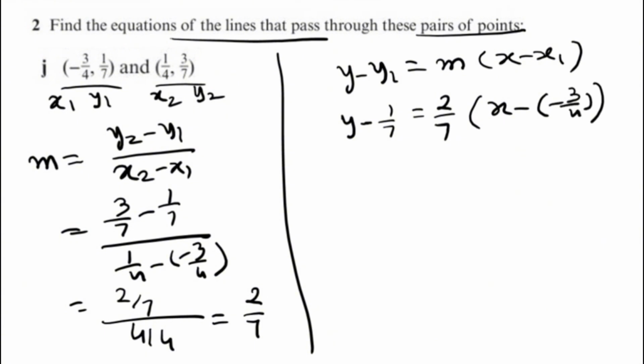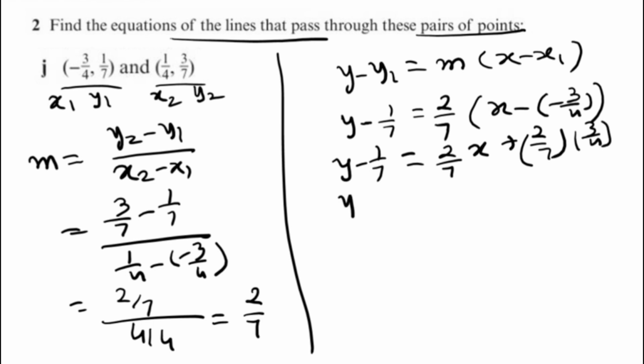When there is a fraction, please be careful when you are simplifying. So y minus 1 over 7 is equal to 2 over 7 x plus 2 over 7 multiplied by 3 over 4. When you multiply 3 times 2, 6, and 7 times 4, which is 28, you will get 3 over 14.